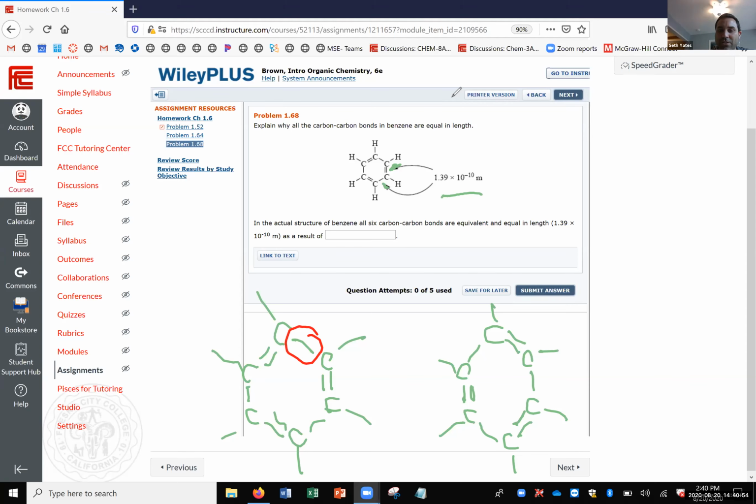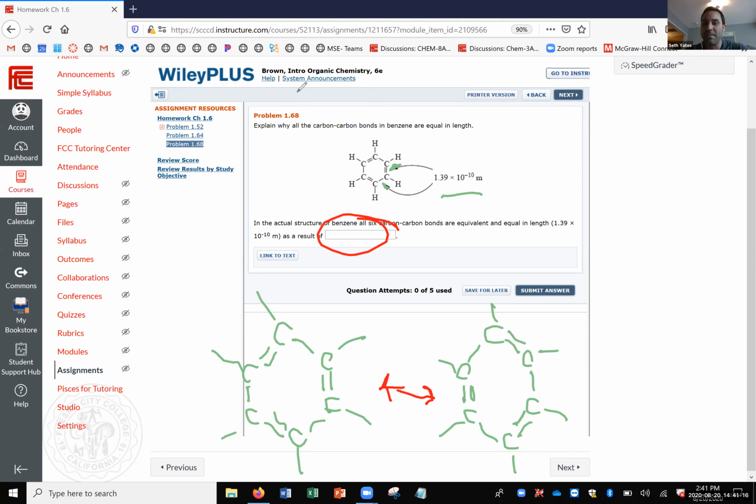So we have a special word for this situation when the molecule could have been drawn either way. And the molecule could have been drawn this way, and that's essentially the exact same as drawing it this way. So that's the word that goes in this blank, which you probably know the answer to now.